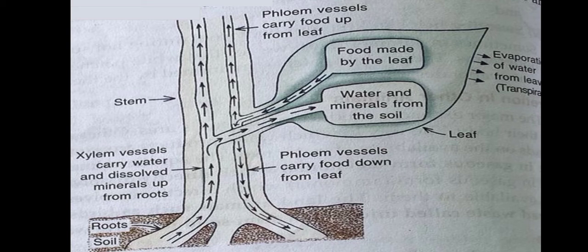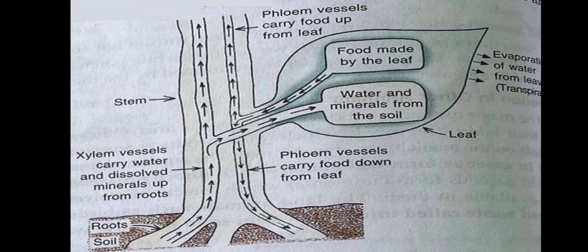The vascular tissue called phloem carries the food from the leaves to all other parts of the plant, including the roots. The phloem tissue forms a network of vessels or channels that connect leaves to all the parts of the plant, including roots, and thus transports food to the entire plant.